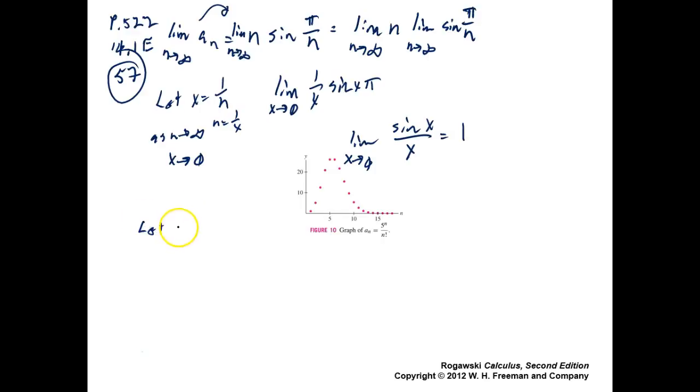Let y equal, this may work, x pi. I'm afraid this may work. Okay, I can't swear to it now. This is a bit absurd, but let me write it down.